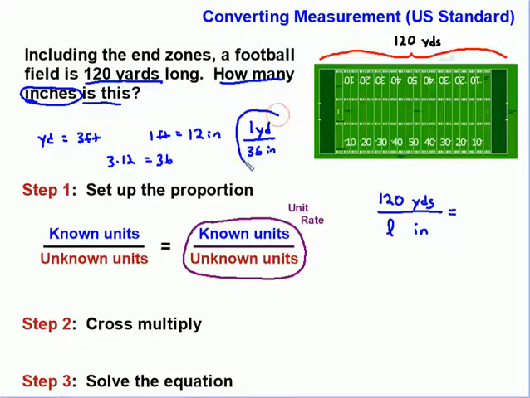That's going to be very important to us because we're going to set that right over here. We want some sort of conversion to tell us exactly how many yards there are in an inch or how many inches there are in a yard.